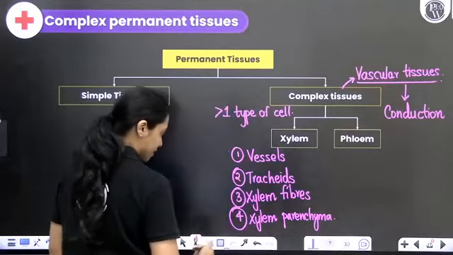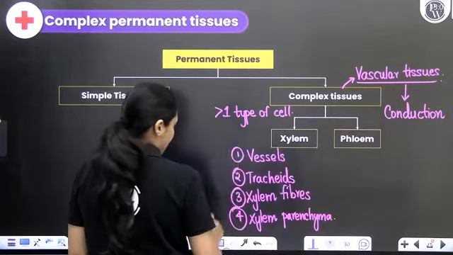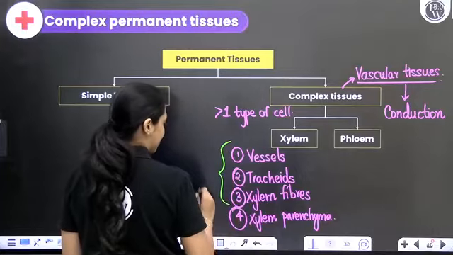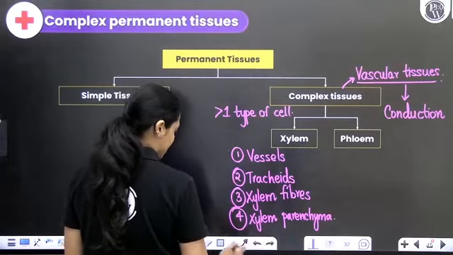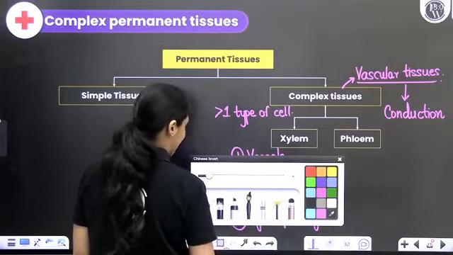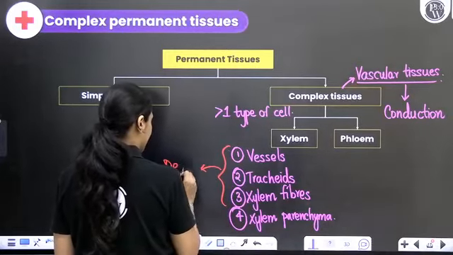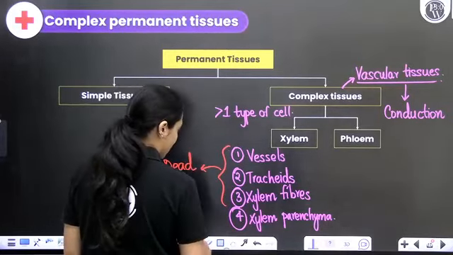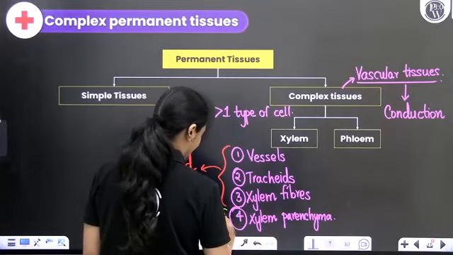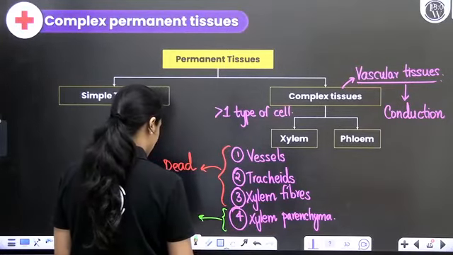Of these, vessels, tracheids and xylem fibers are dead cells. Only xylem parenchyma is living.